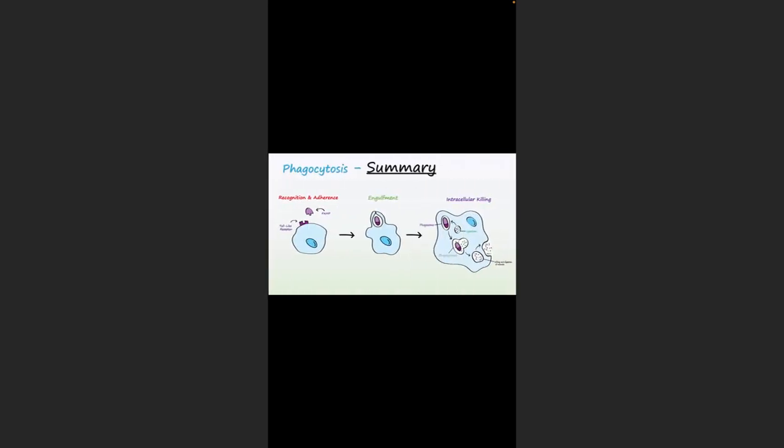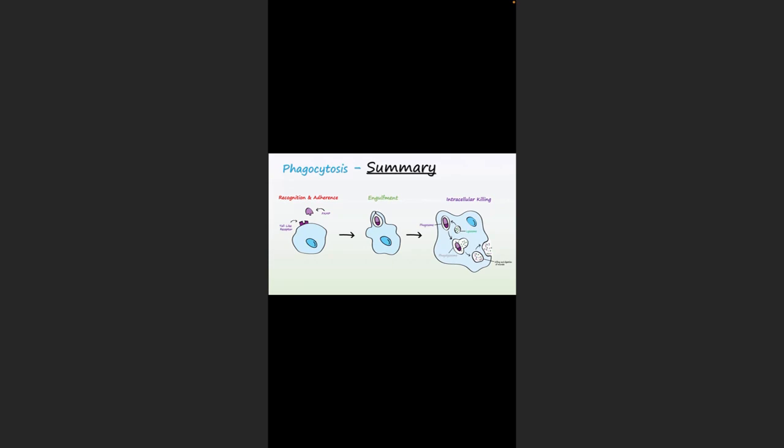Then intracellular killing occurs by the process of oxidative burst, which is also known as respiratory burst. Here you can see hydrogen peroxide and nitric oxide being produced and used, and then this intracellular killing causes the release of indigestible material by exocytosis.